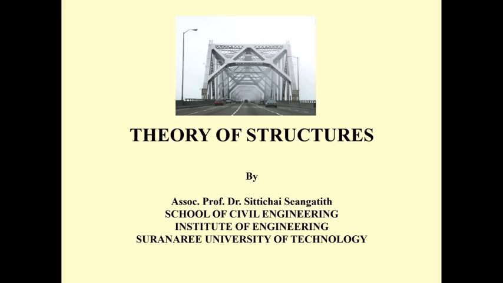Thinking about the picture in front of you, there is the car, right? The car is a moving load. The car is not just static in one place for a long time. The car moves.